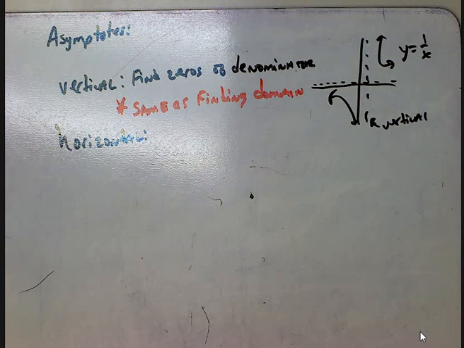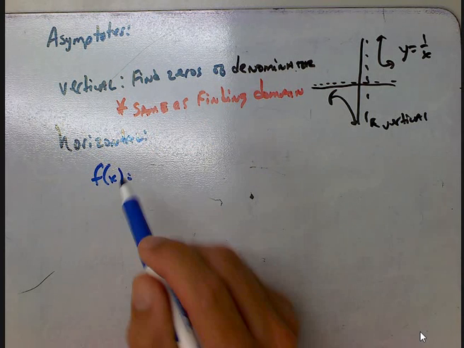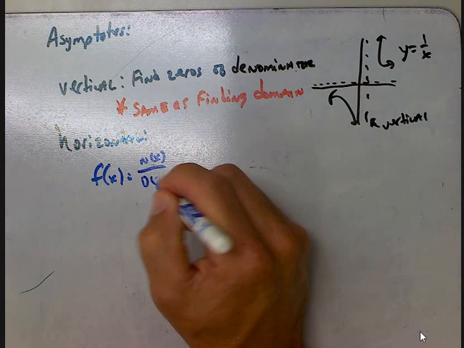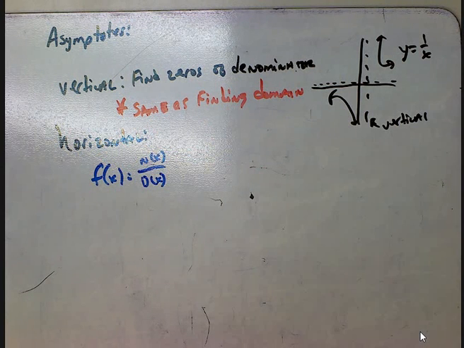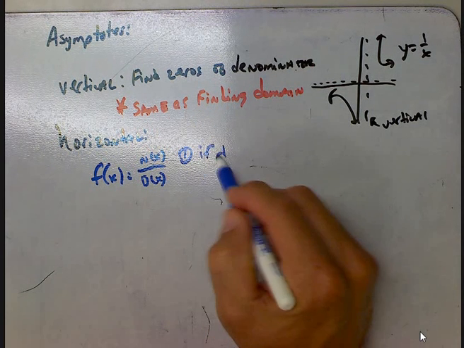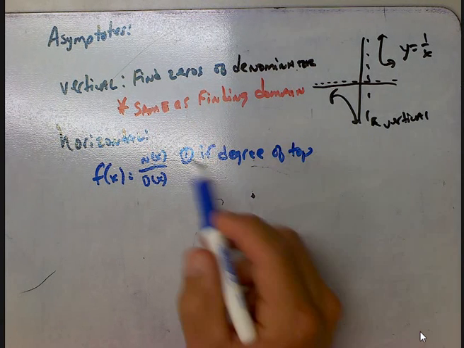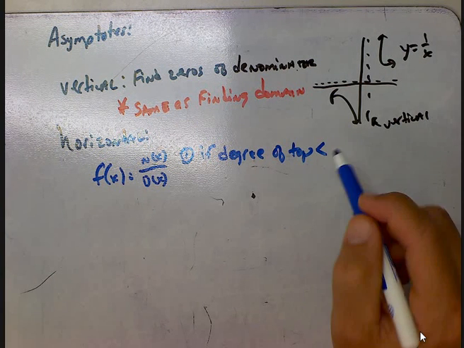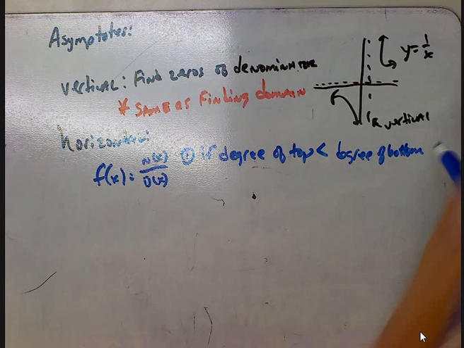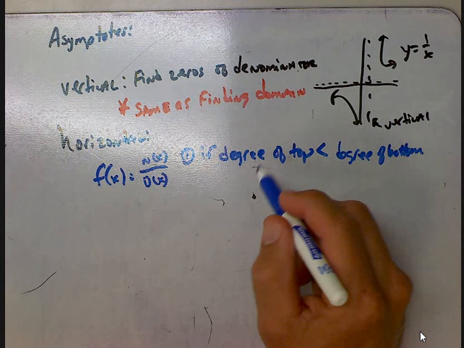There's three situations here. If we go with the basic form of f of x equals n of x over d of x, basically what we're going to say is there's three situations. Situation one is the degree of the top, which in this case is n of x, is less than the degree of the bottom, which in this case is d of x, then our horizontal asymptote is y equals 0.